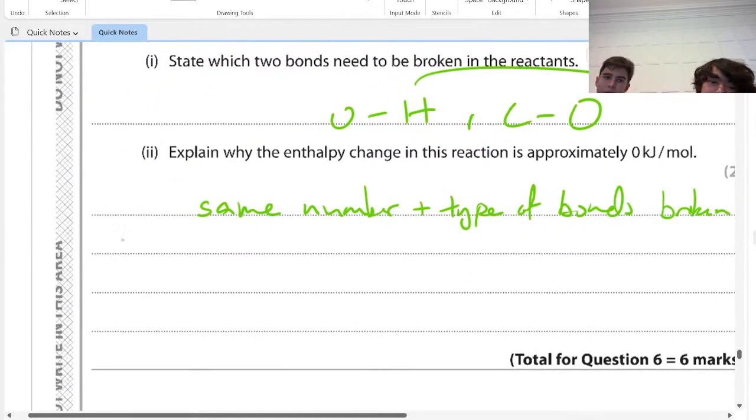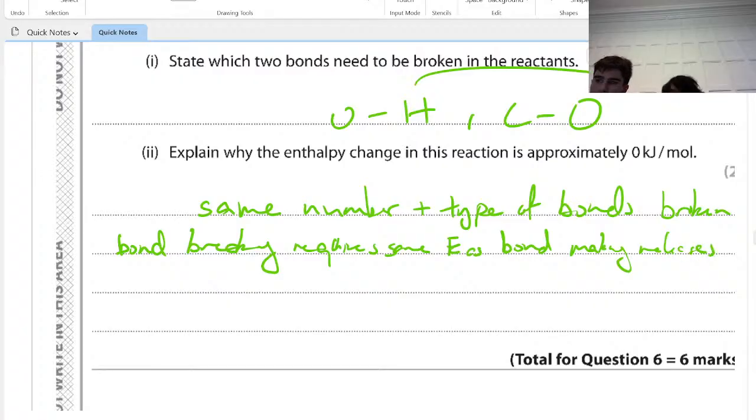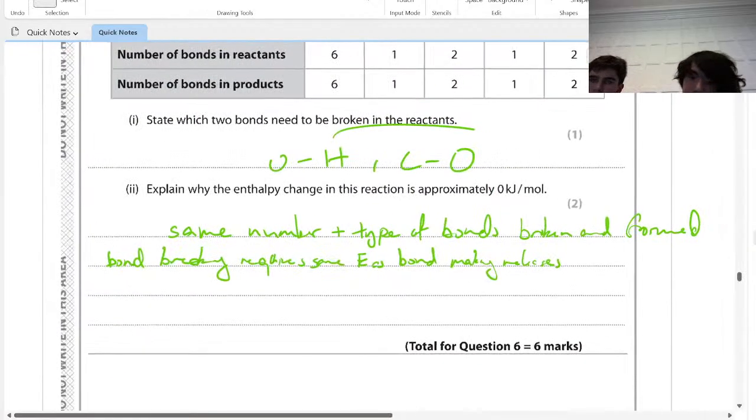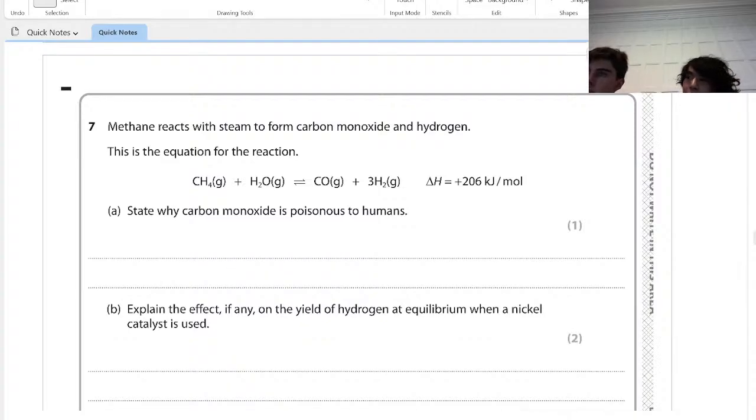So the overall energy change is going to be 0. Also, if you want to be safe, as much energy is used to break bonds as is released by bonds made.